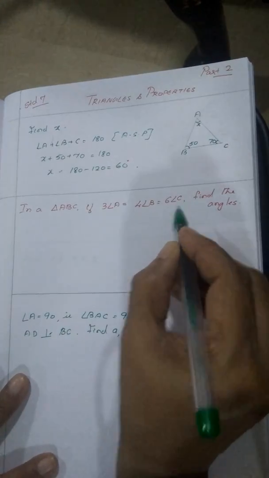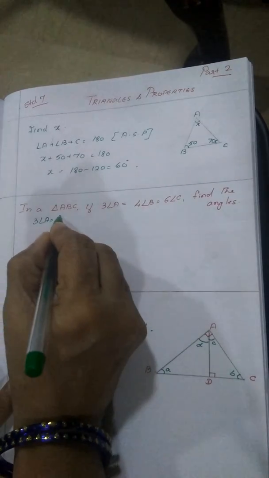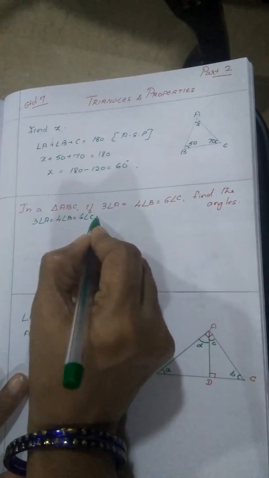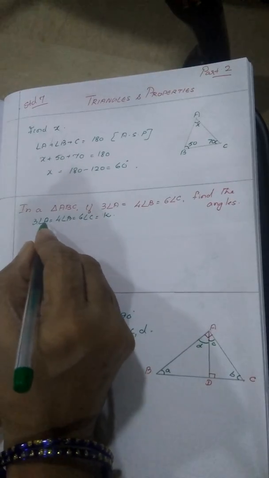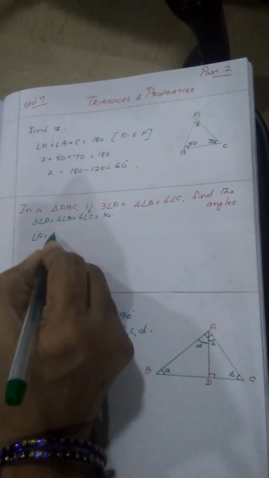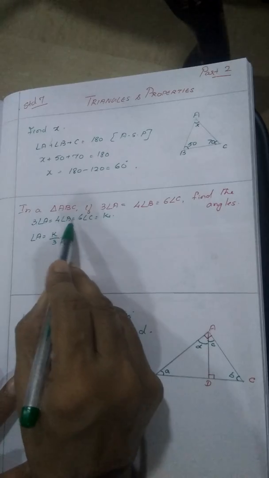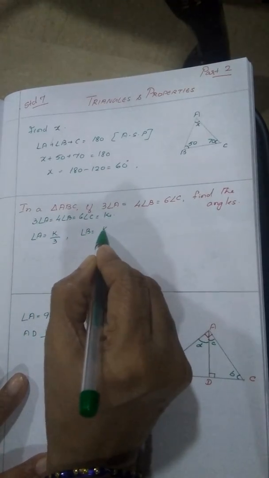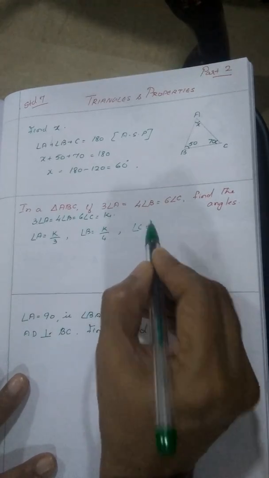So let 3 angle A is equal to 4 angle B is equal to 6 angle C is equal to K. Therefore, 3A is equal to K, so angle A is equal to K by 3. Similarly, 4B is equal to K, so angle B is equal to K by 4.